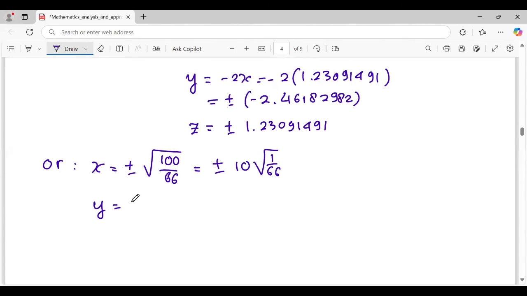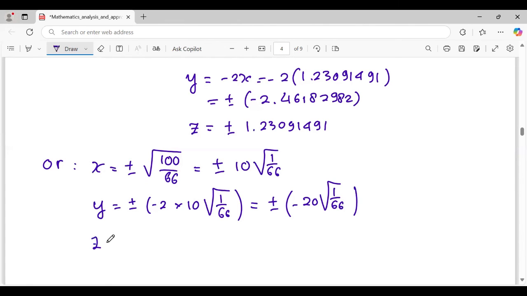So Y equals minus 2 multiplied by 10 square root of 1 over 66, so it is plus or minus 20 square root of 1 over 66, while Z equals plus or minus 10 square root of 1 over 66.